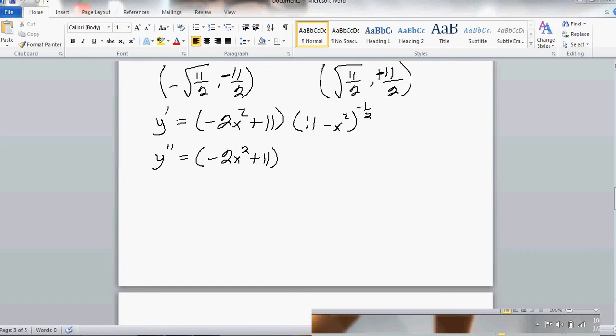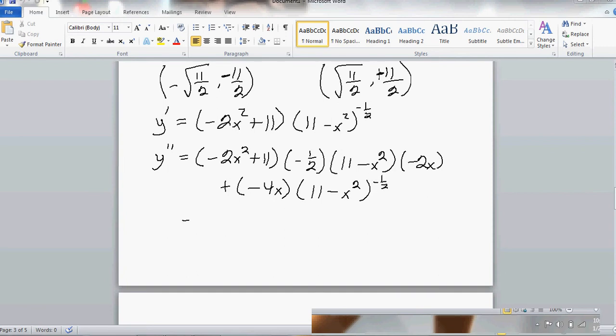Well, this is going to require a chain rule. So it's going to be times negative 1/2, and then 11 minus x squared times the derivative of the interior, which is negative 2x, plus, okay, take the derivative of this, which is a simple derivative, negative 4x, and leave the second one alone.